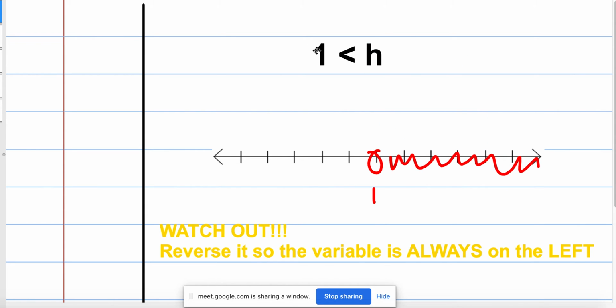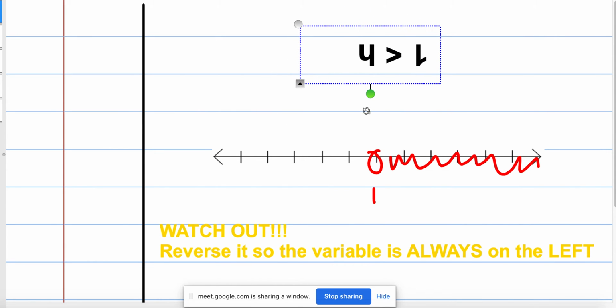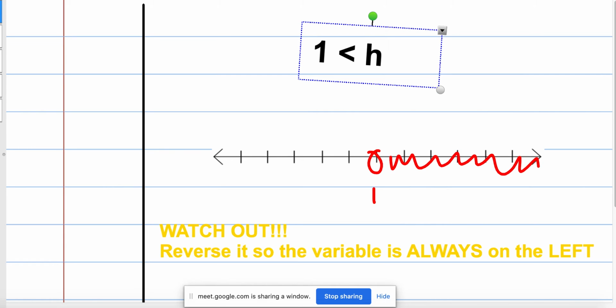To help you out, it's always nice to put the variable on the other side. So you have to think about flipping it, or just changing them around. When you put the variable on the left, you have to think about which way it's facing. The bigger side, the open side, is facing the variable, so it should look like this. So all the numbers greater than 1.